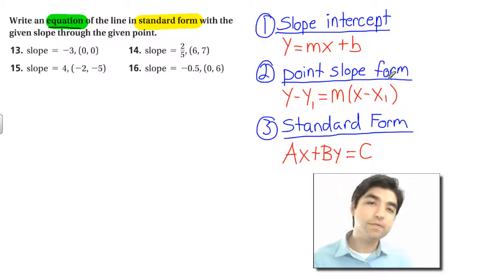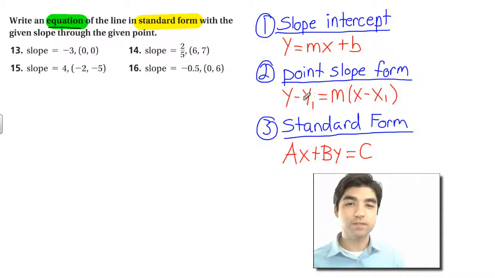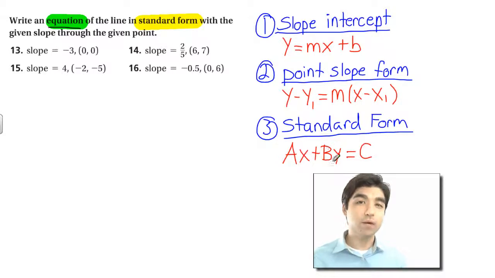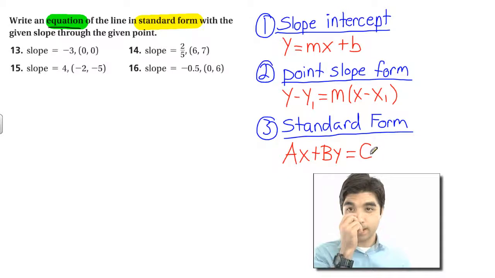The point-slope form, they call it point-slope because you have a point, and then you have the slope again, which is the m. And then the standard form, it's set up so you have the x and the y on the same side, and then you have a constant c on the other side.